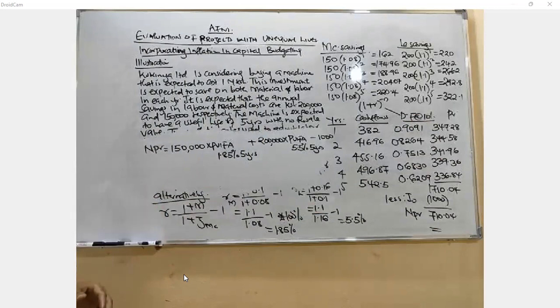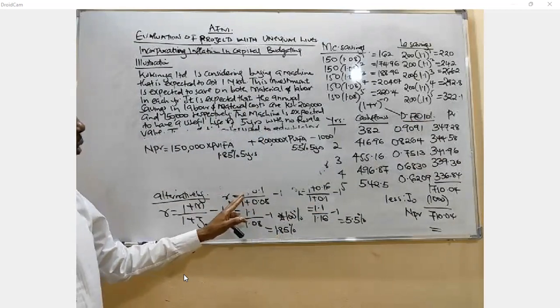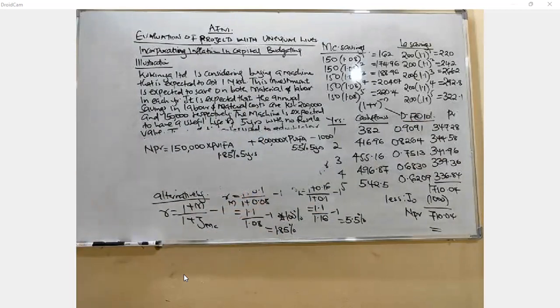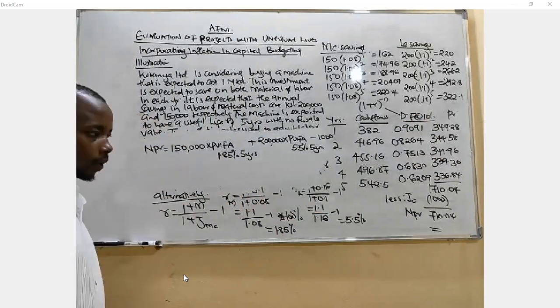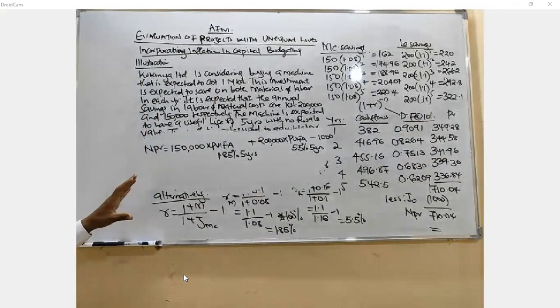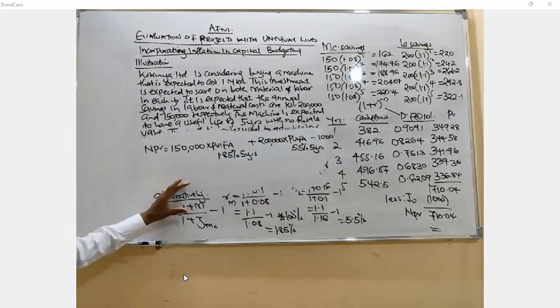The cost here will change because we use 10% rather than 16%, and that is not a problem. If you apply the two different methods, one student applying this one and the other adjusting the cost of capital, you should get the same answer.